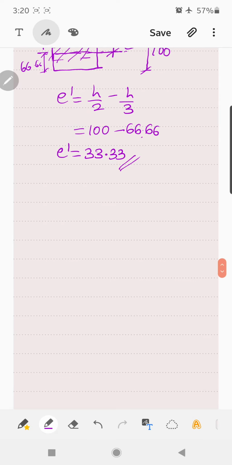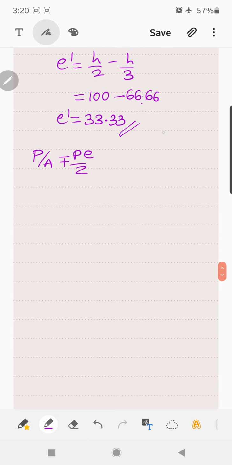Now instead of that we will calculate by stress distribution diagram. So draw the stress distribution diagram, P by A minus or plus P by Z. If you calculate the section modulus Z, BD square by 6, you will get it as 6.66 into 10 to the power of 5.